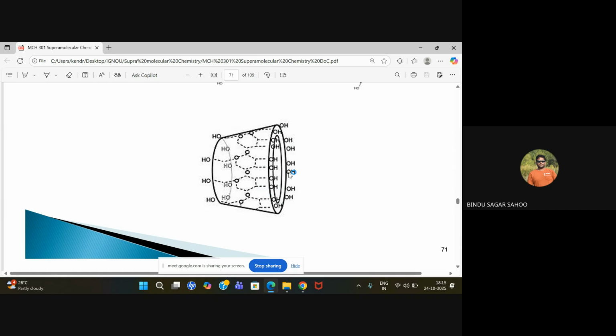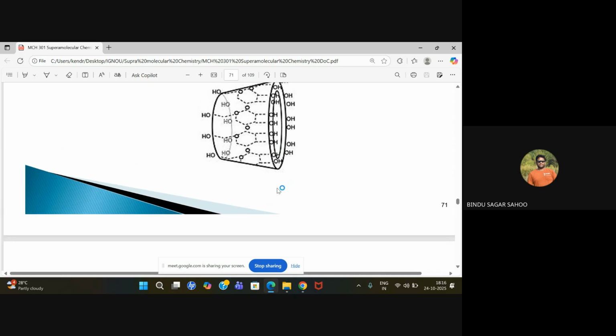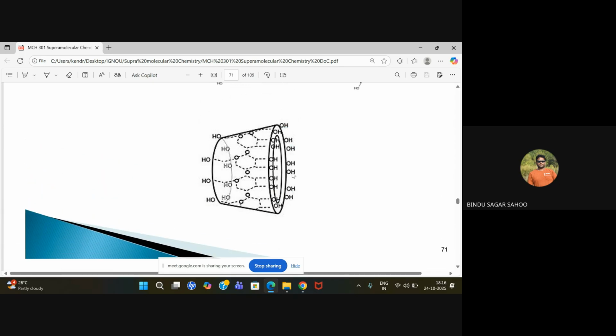So the cyclodextrin containing any type of guest molecule, diluted with any polar solvent, whether water or alcohol, these supramolecular compounds are soluble in water or polar solvents due to the hydrophilic nature of the outer part of the cyclodextrin.